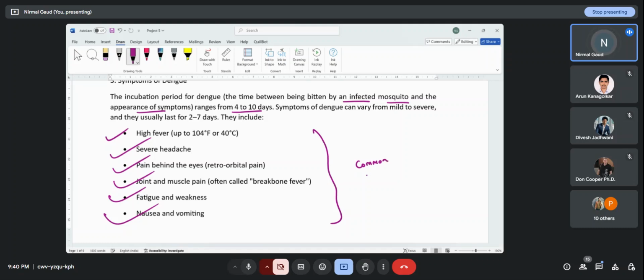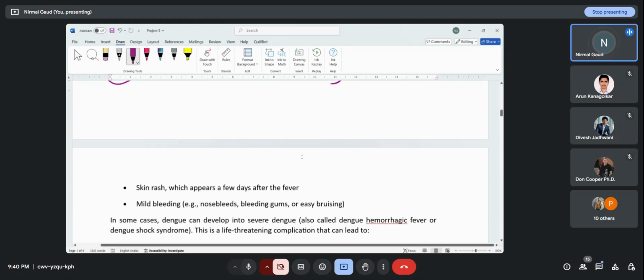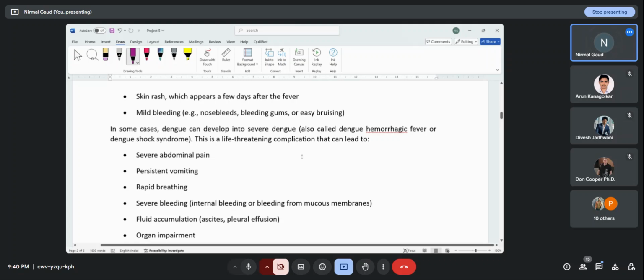These are common symptoms. In viral fever also we have these symptoms, normal viral fever. Malaria also we may have, dengue also. So unless we have a lab report, we can't finalize what it is. However, skin rash and bleeding can help identify what it could be.